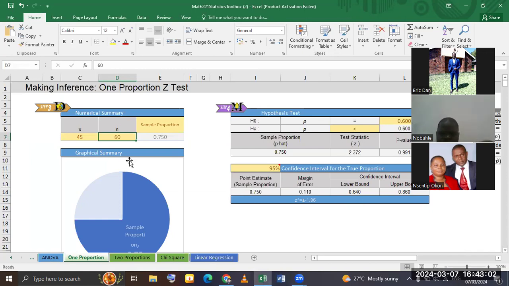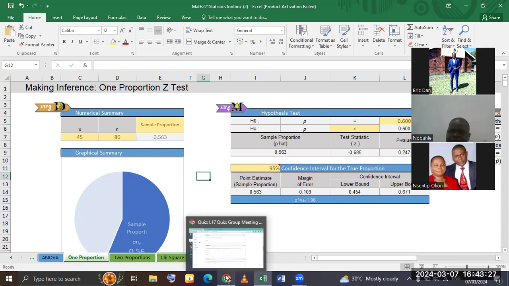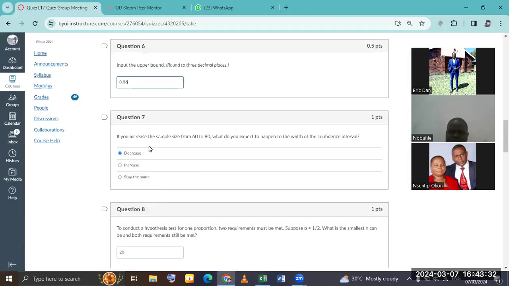The moment we input 80 here, this is the new confidence interval. And if you subtract this one from this one, you find that it becomes a bit lower compared to the first one. So that's why I was able to say it decreases. Which is this one right here. All right, thank you.